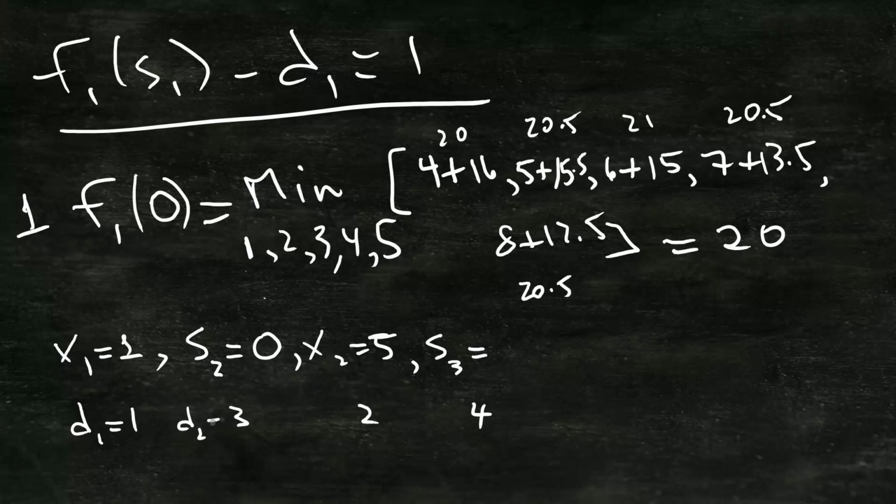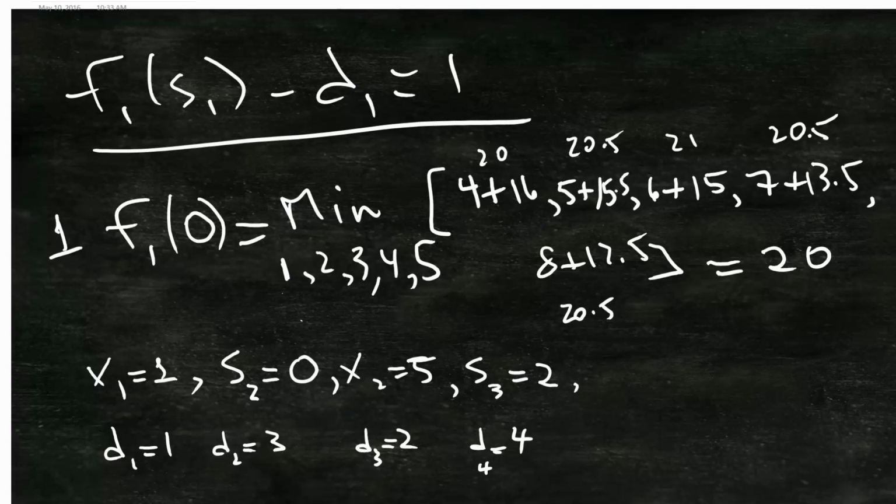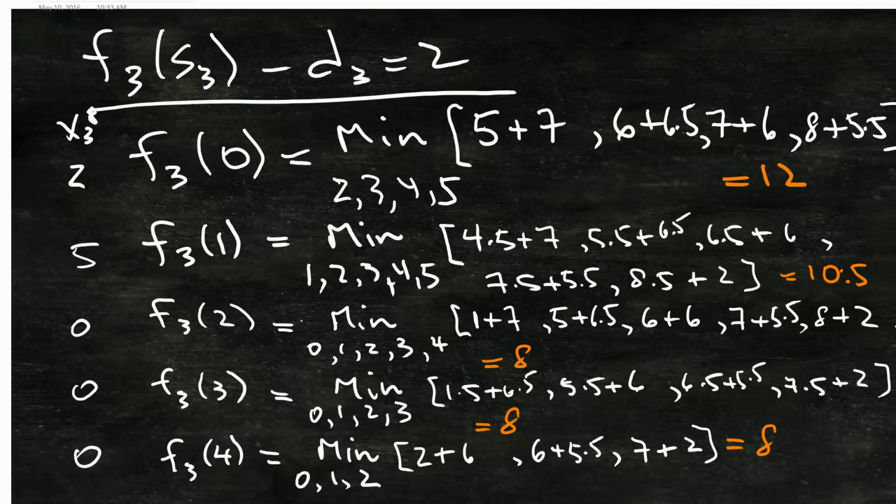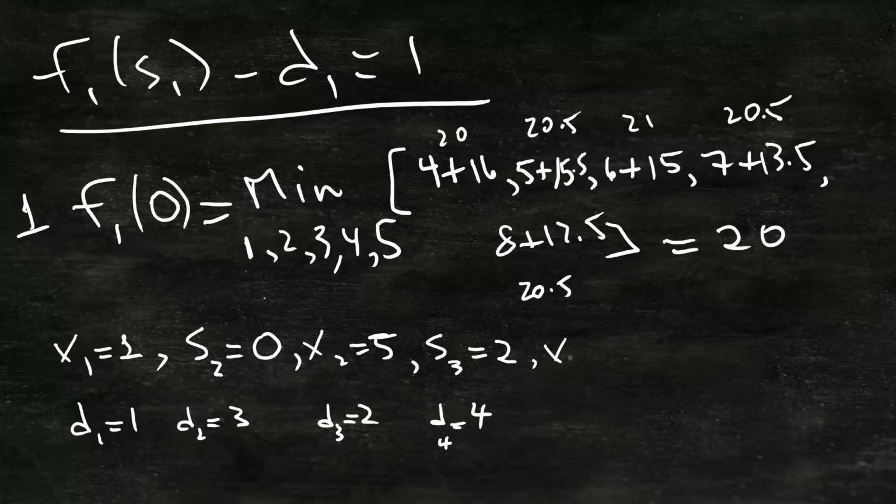So D2 is equal to 3, D3 is equal to 2, D4 is equal to 4. Okay, so now with S3, we're going to have S2, which is 0, plus 5, minus the demand, which is 2. Okay, well, if S3 is equal to 2, we go back to the 2, and there we produce 0. So X3 is equal to 0.